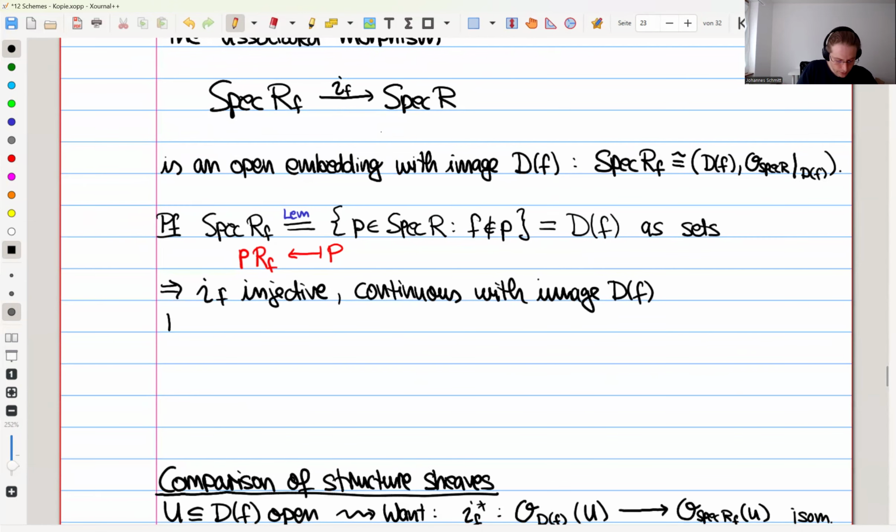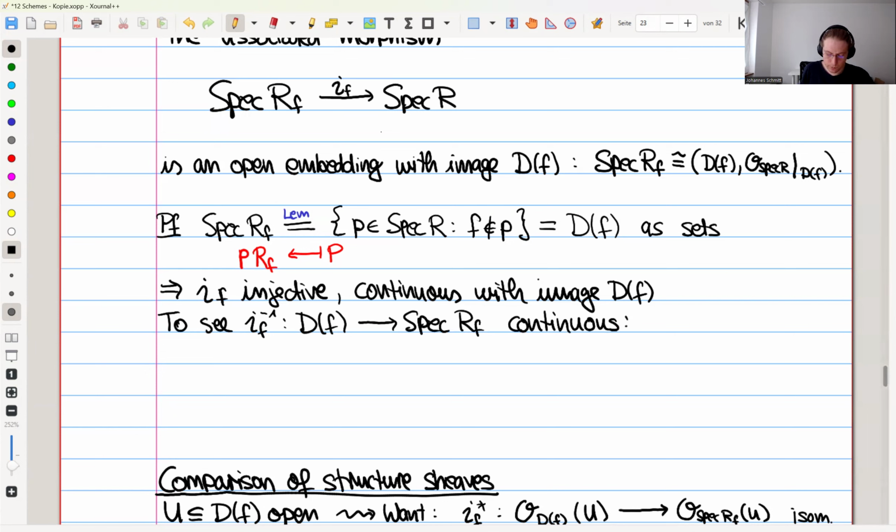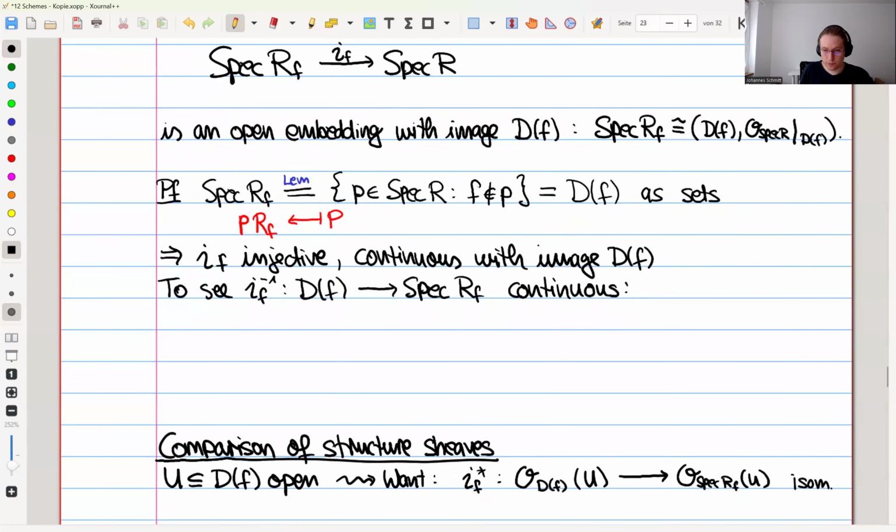So we start with something closed inside Spec R_F.